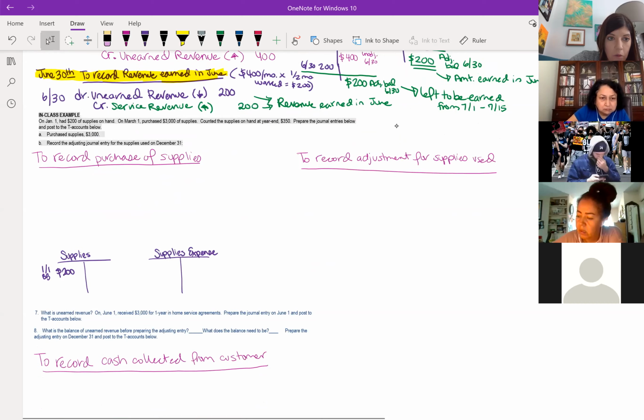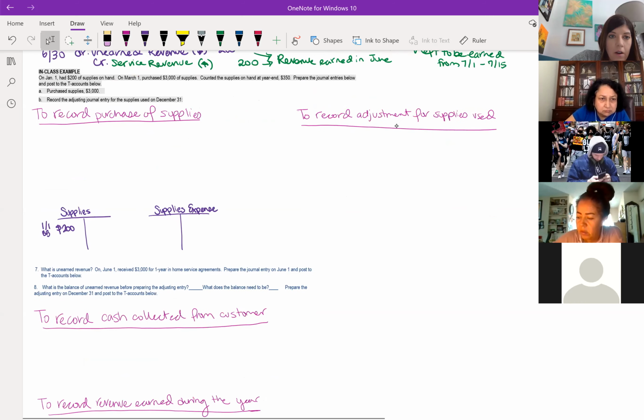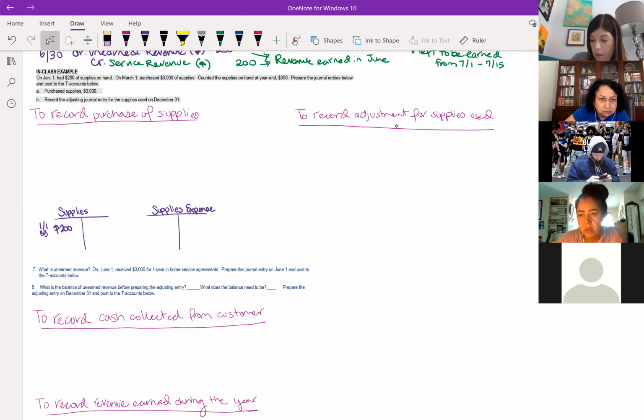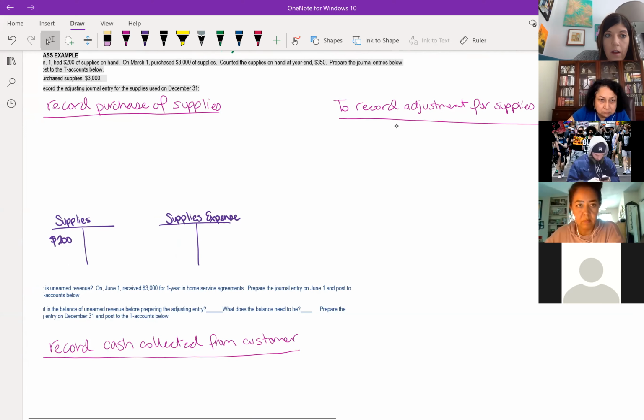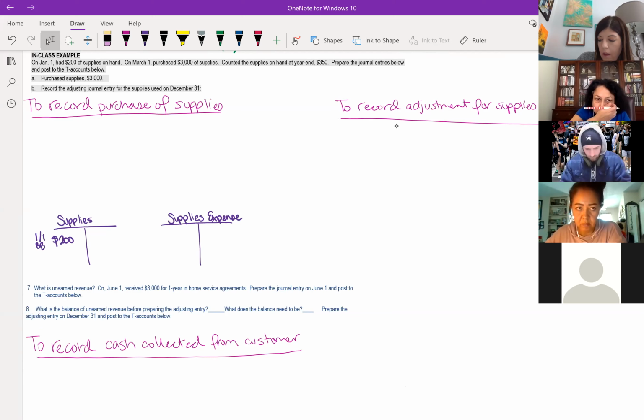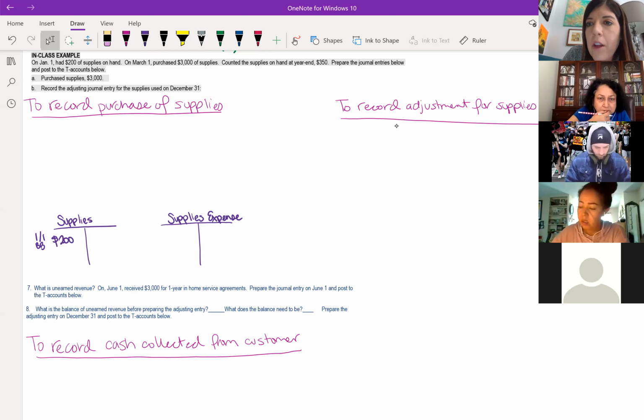It's the in-class example for supplies. There's also a prepaid one if you want to practice that as well, right above it. It's on page 3-5 of that handout. And there's two problems. One is covering supplies, and then one is covering unearned revenue.